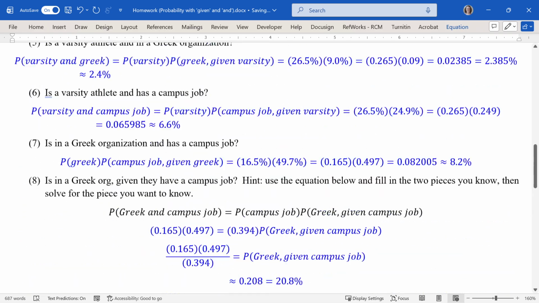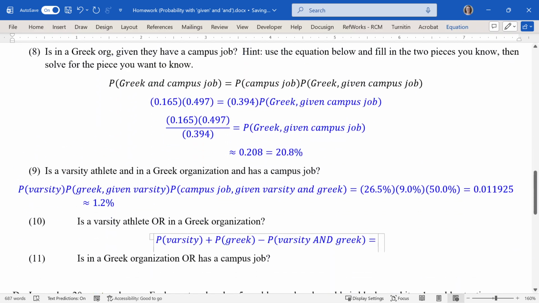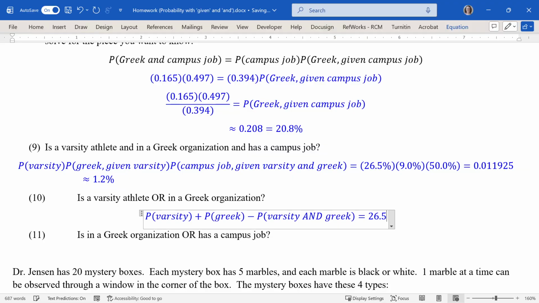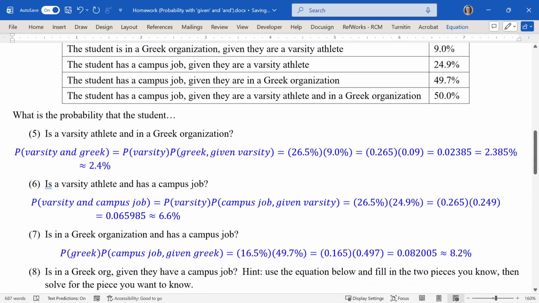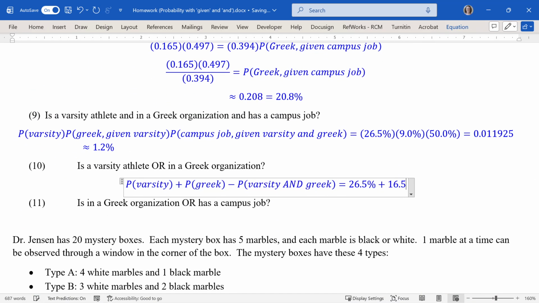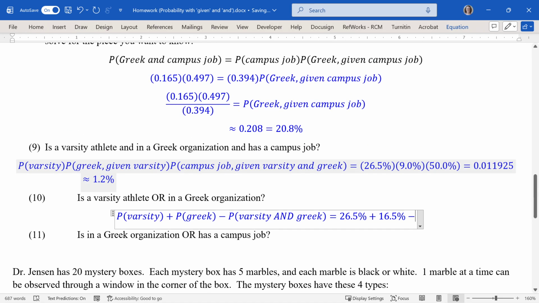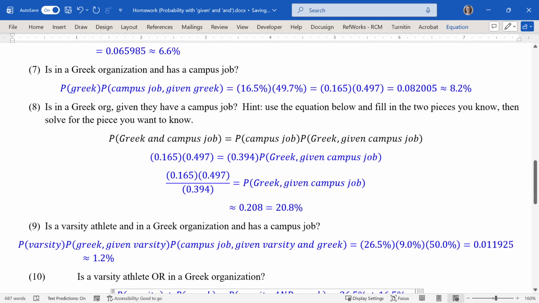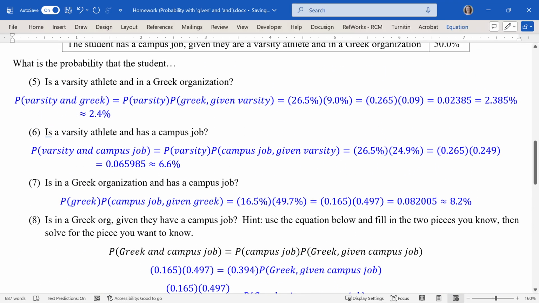So we're going to add together probability of varsity, 26.5%, plus probability of Greek, 16.5%, minus probability of both. How do we get the probability that a student is a varsity athlete and in a Greek org? That is the answer to number 5.